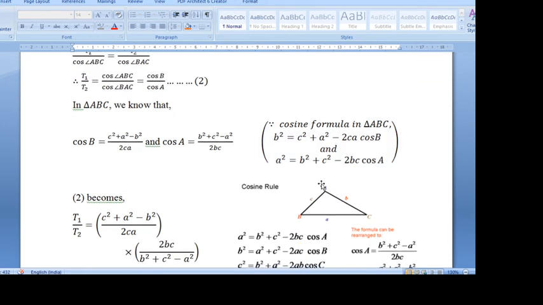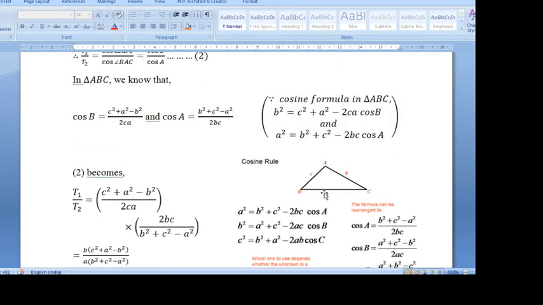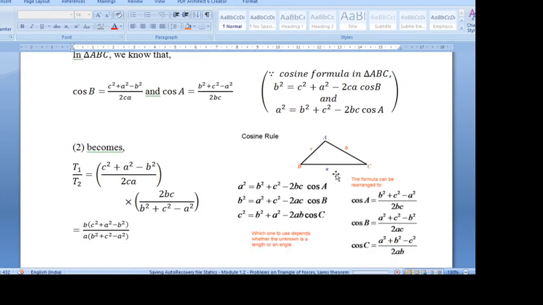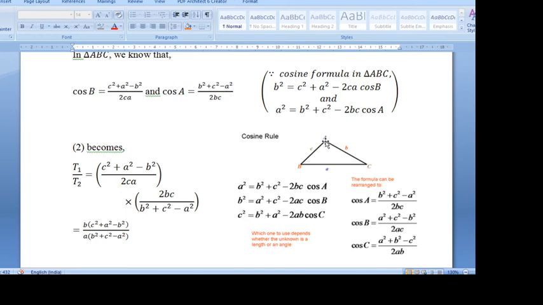Again, remember the cosine formula for the triangle. Suppose we take the triangle ABC, which has an angle A, an angle B, and an angle C, and BC has a length a, CA has a length b, and AB has a length c.